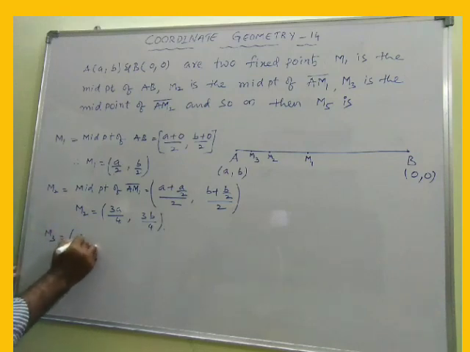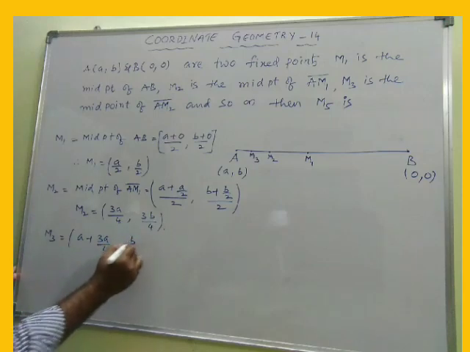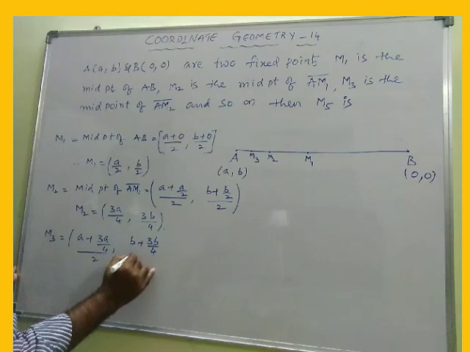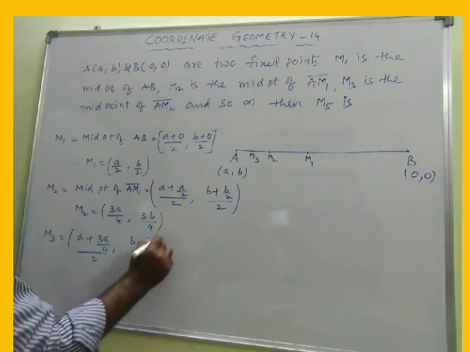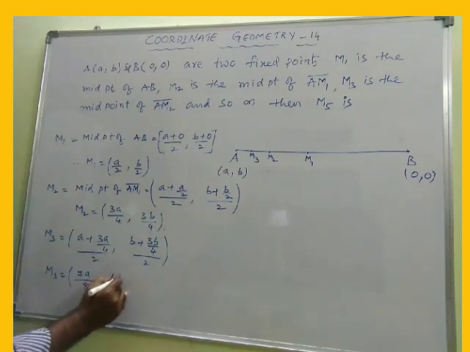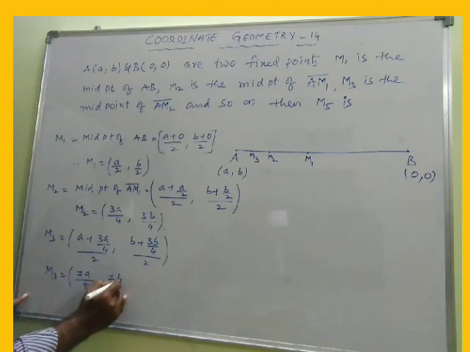That means A plus 3A by 4 whole by 2 comma B plus 3B by 4 whole by 2. So M3 is equal to 4A plus 3A, 7A by 8, comma 4B plus 3B, 7B by 8.